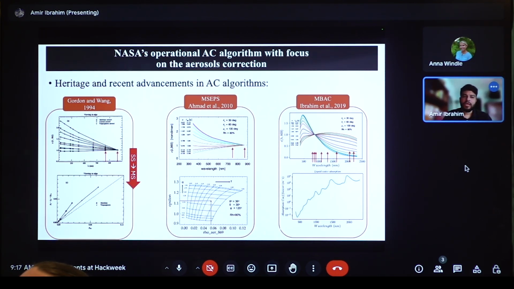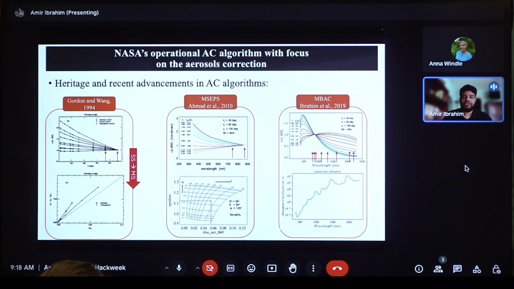The heritage approach goes back to the SeaWiFS era's Gordon-Wang approach. I'm focusing on the aerosol correction right now, because this is the most difficult part of the atmospheric correction. The Gordon-Wang approach uses a single scattering approximation and then has some polynomial fits that go to the multiple scattering.